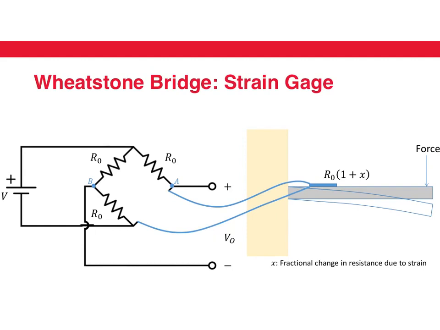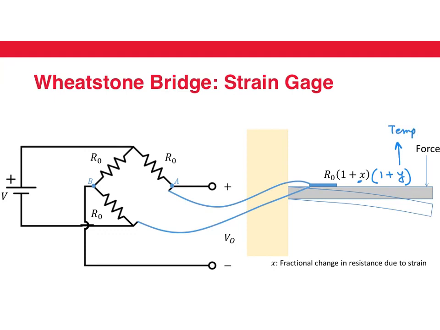What would happen in many cases is that a strain gauge will not only change its resistance depending on the strain, which is measured by this X, but it will also have some kind of temperature dependence. So there's another additional term, 1 plus Y. The resistance of the strain gauge is R0 times 1 plus X multiplied by 1 plus Y, where Y is the fractional change in resistance due to the temperature.